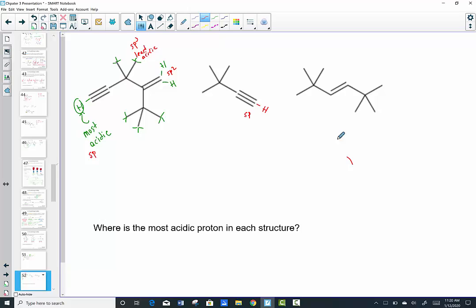They are both sp2. So there's 9 hydrogens that are equivalent in sp3, and 2 hydrogens that are equivalent in sp2. Of course, sp2 would be the more acidic proton, but each of these protons has exactly the same acidity as its equivalent partners. They're the same.